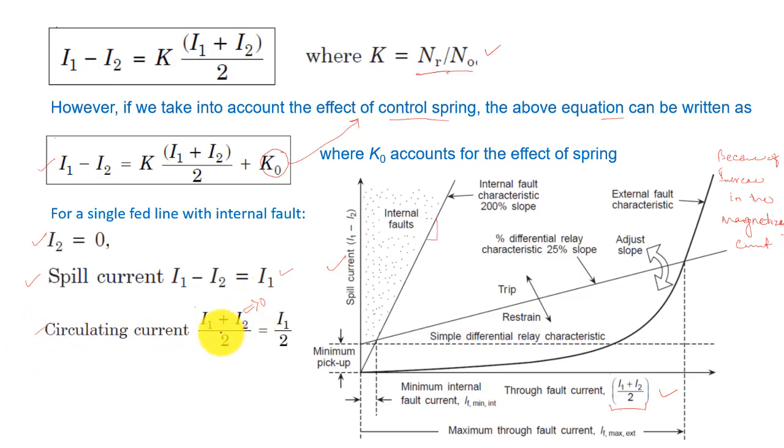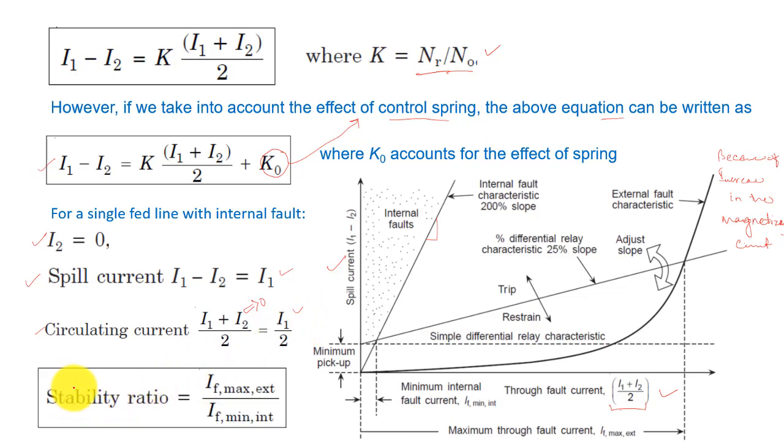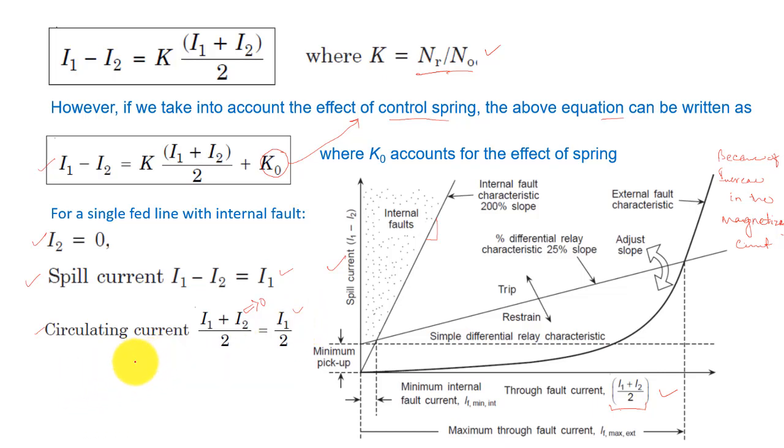So the circulating current will become I1 by 2 under internal fault condition, and therefore your slope will be how much? It will be I1 divided by I1 by 2, it is 2, right? So it is nothing but 200%. Therefore for internal fault we found the slope is 200%, right?